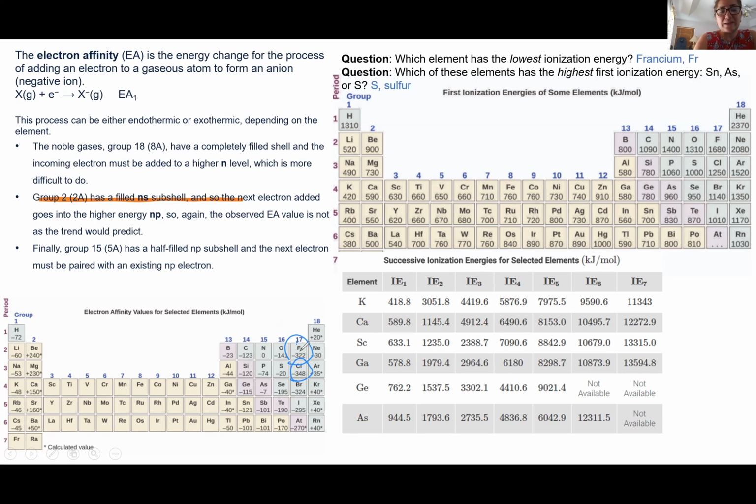The reason for that is that fluorine is smaller. Fluorine has only 2 energy levels.